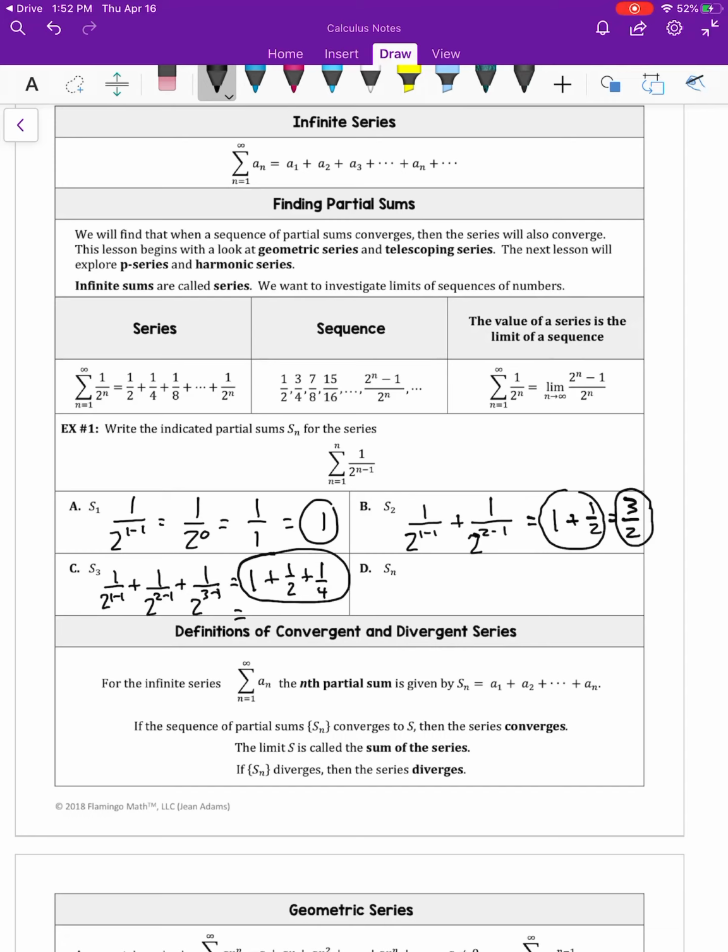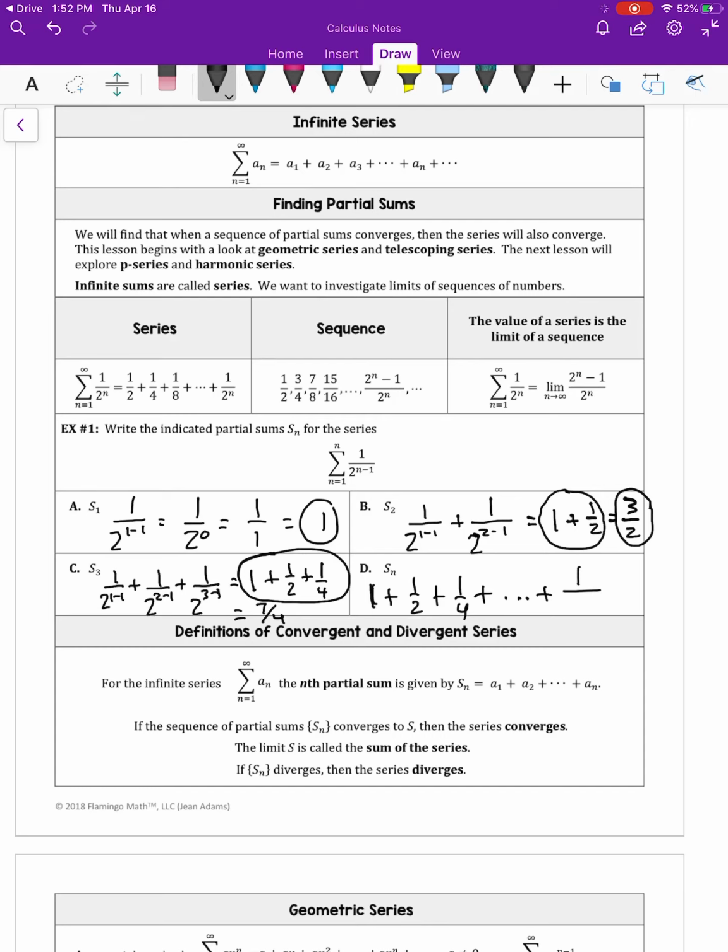The third one is 1/4. If you wanted to add these, what would it be? 4, 5, 6, 7 fourths if we added them.